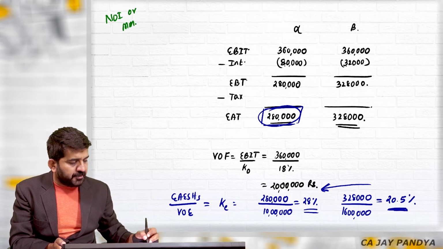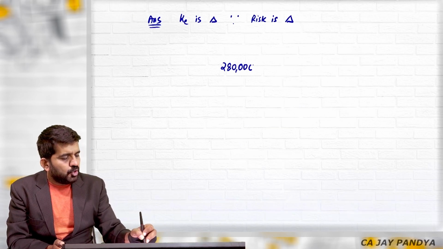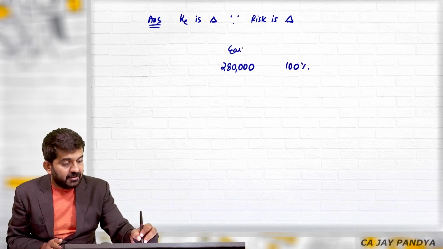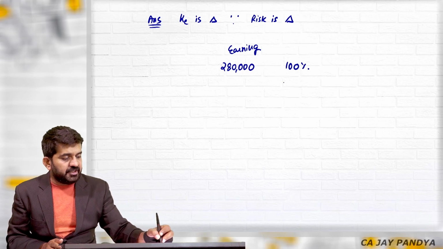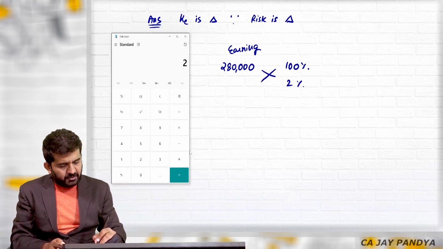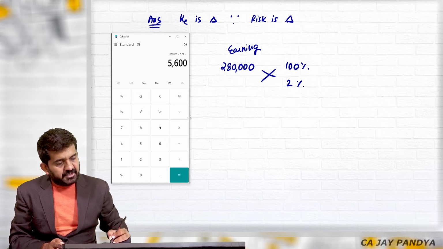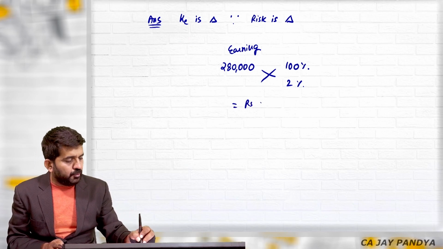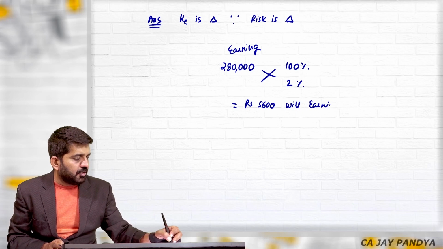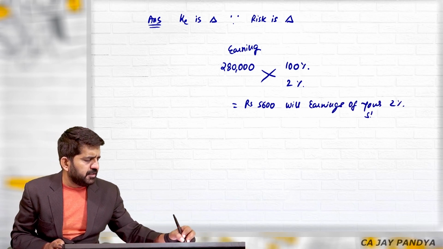What do 100% shareholders earn in this company? 2,80,000, which is available to equity shareholders. You are a 2% owner, so 2,80,000 into 2% is 5,600 rupees. 5,600 will be the earnings of your 2% shares.